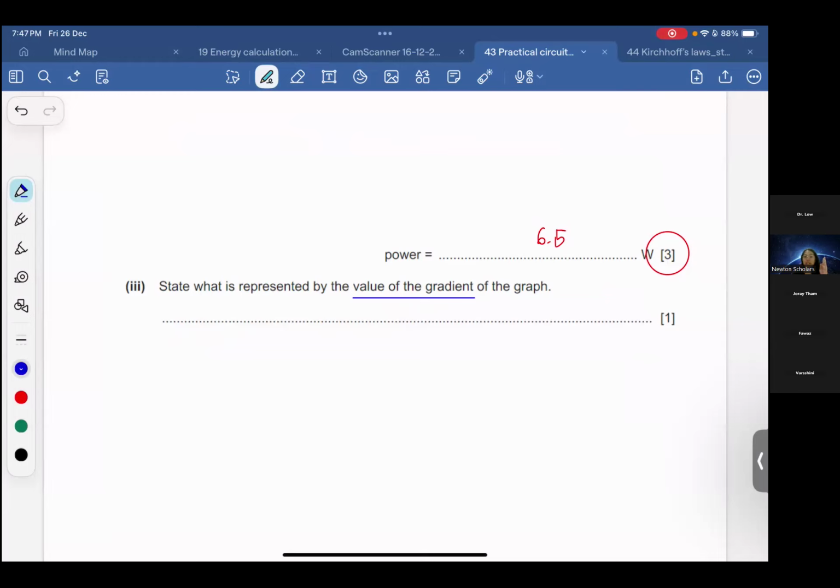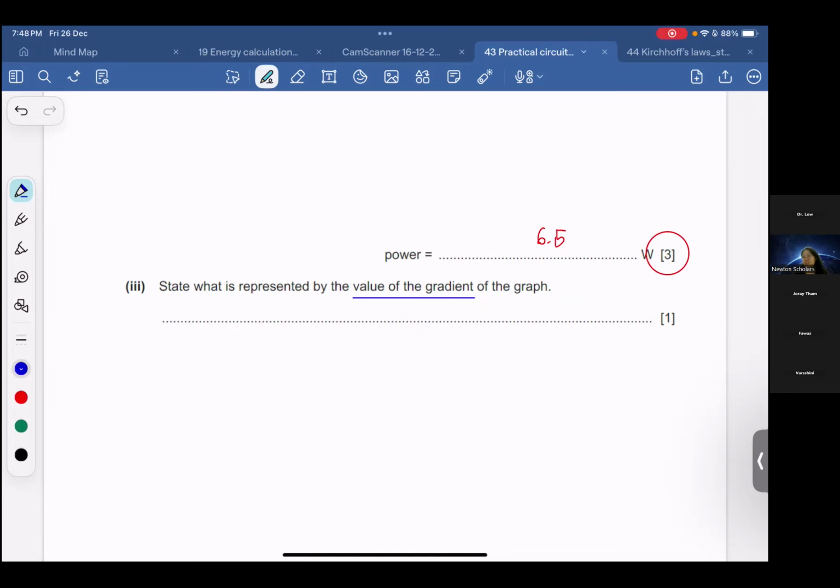Then how about the gradient? What physical quantity is represented by the value that we calculate from the gradient?